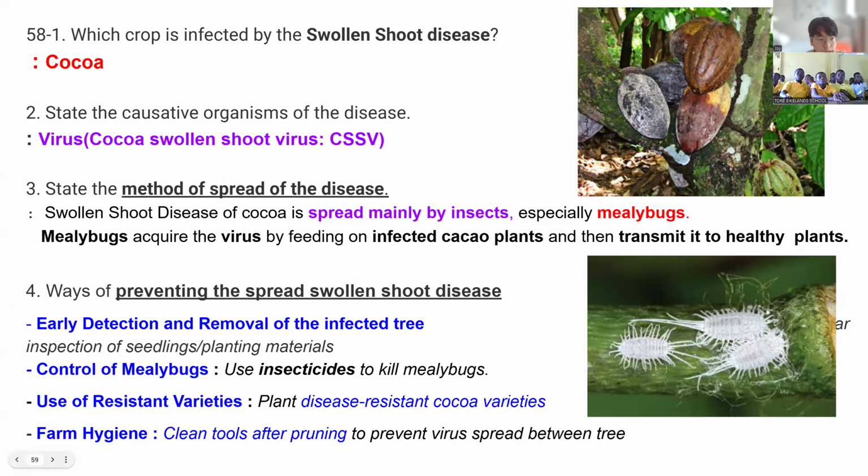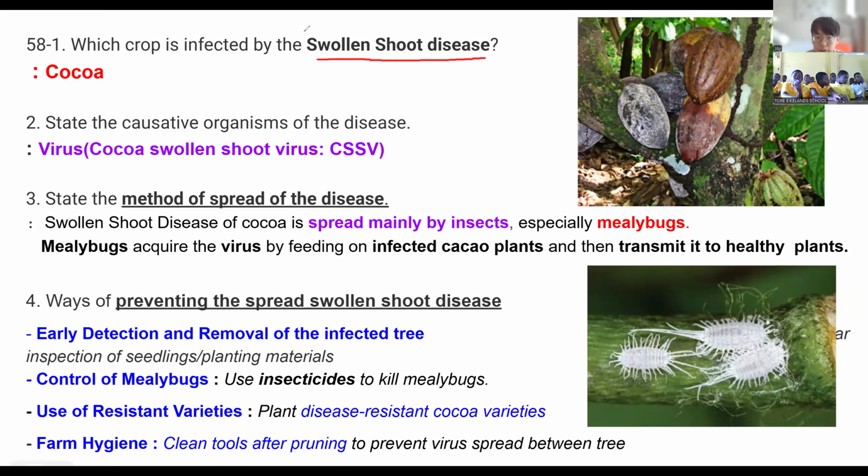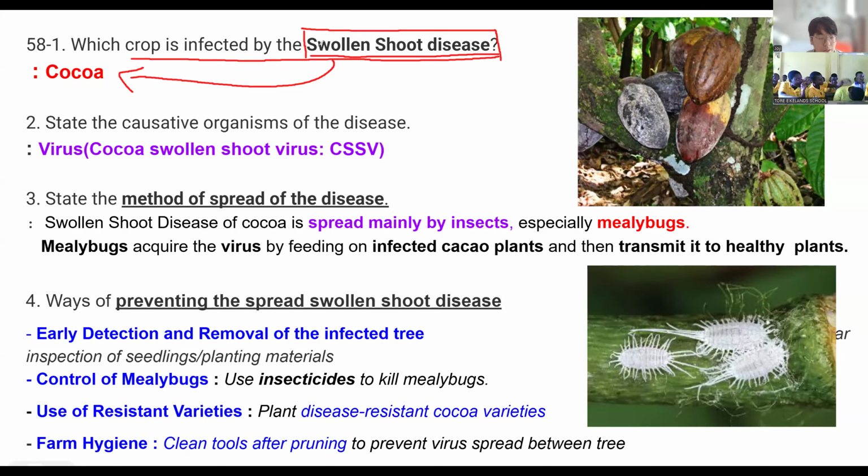So the crop that is infected by this swollen shoot disease, it's called the cocoa. So whenever you see a question about swollen shoot disease, you can immediately think of cocoa.